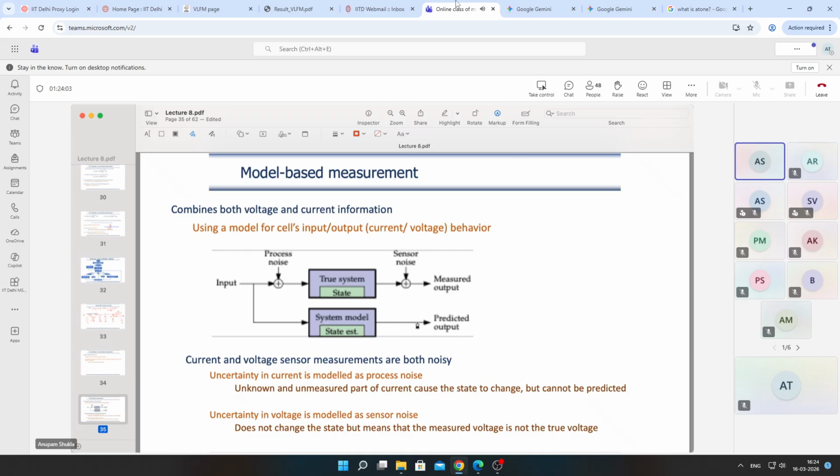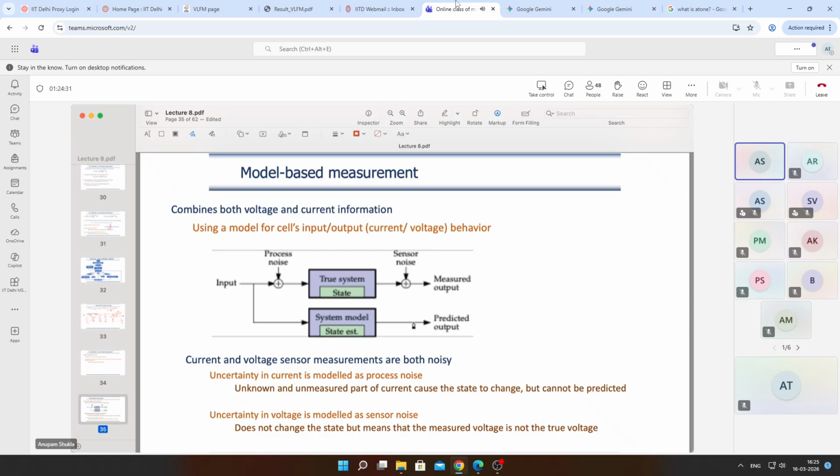So it gives a predicted output, which is the state of charge as well as the voltage that you expect from the cell. And in the real system, there is some current going, the system state of charge changes, and we also measure the voltage of the system.